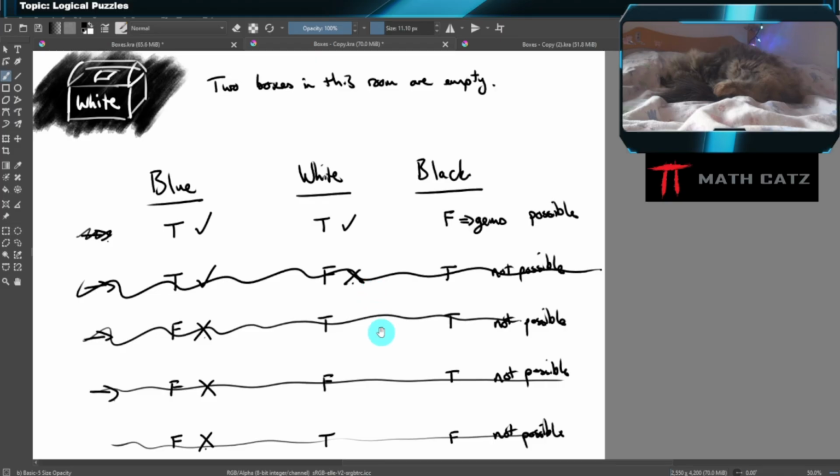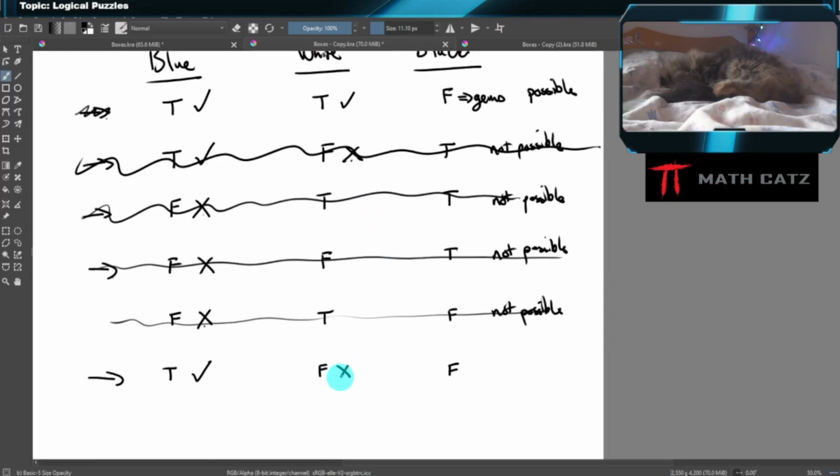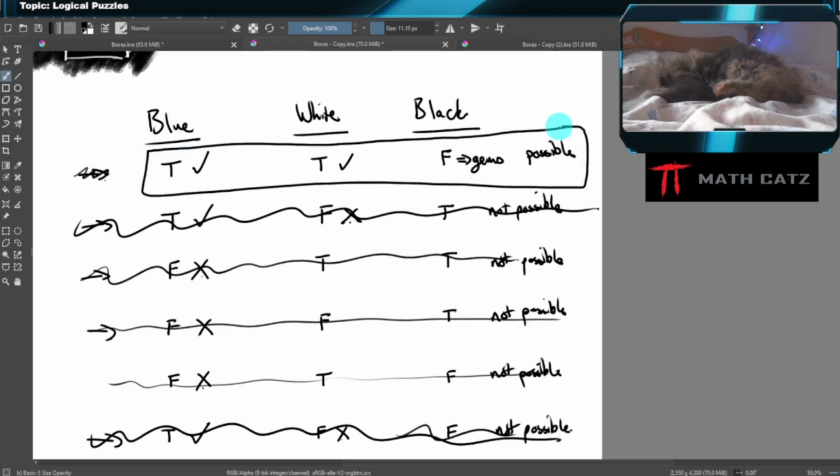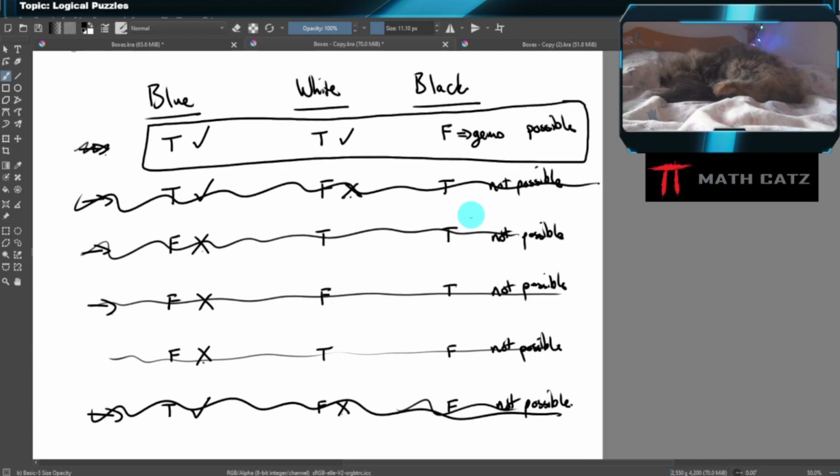That's the problem I am working with. So this time white is a little bit of a problem. It is not consistent with how it's supposed to behave according to the rules of this puzzle. And you see very quickly that the one I happen to have listed first is the only one that is consistent with all the information, and therefore that has to be the correct answer.